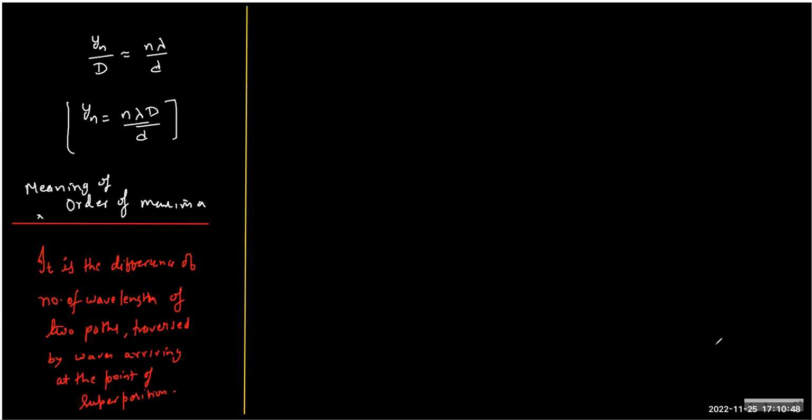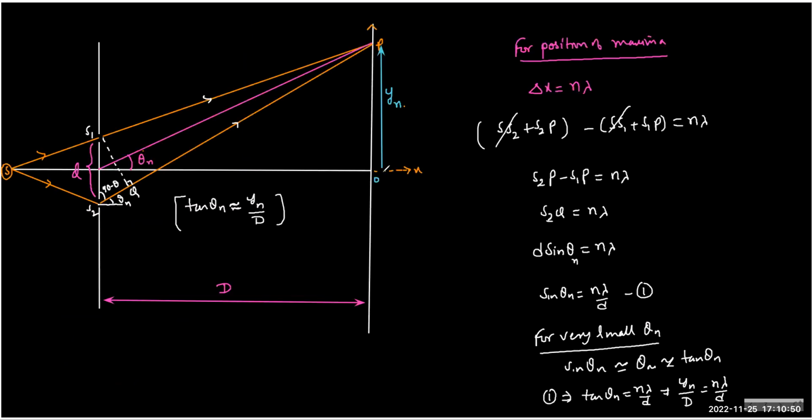So look at this. If you arrive at point O, what will happen? Sir, they will reach at the same phase. So the number of wavelengths is the same in both cases. Yes, sir. So the difference of count is 0. So that's why the O is called the zero order maximum.